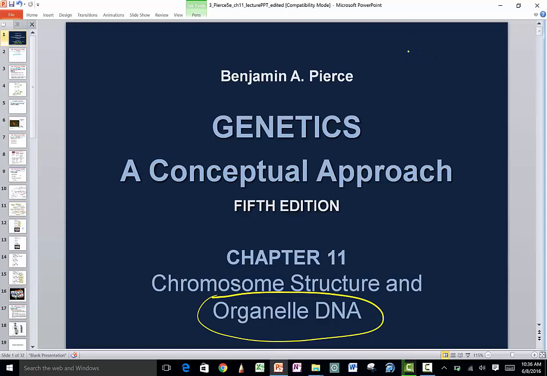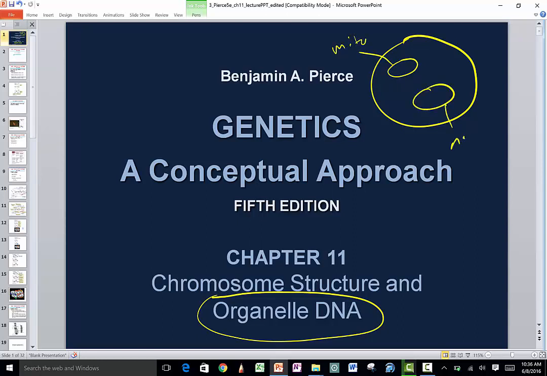But as you know, I'll just draw it right on this slide. So there's a cell, there's a mitochondria, there's a nucleus, and inside the mitochondria, there's a little circular chromosome. So at this point, all you really need to know is that mitochondria, and maybe this is a plant cell and it has a chloroplast.